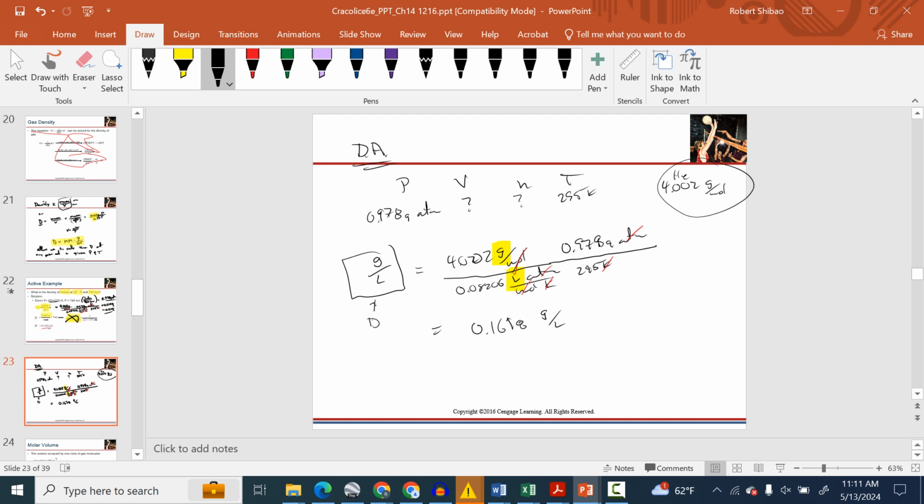Let's see, the previous answer was 0.1618. Let's see if we get the same. 4.002 times 0.9789 divided by 0.08206 divided by 295. And then we get the same.